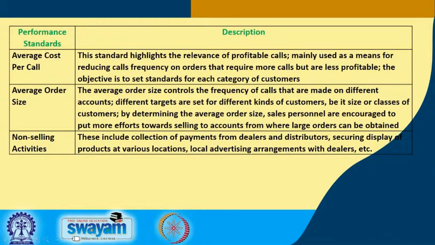Such activities include collection of payments from dealers and distributors, securing displays of product at various locations, entering local advertising agreements with dealers, goodwill building with customers, follow-up calls with customers, etc.